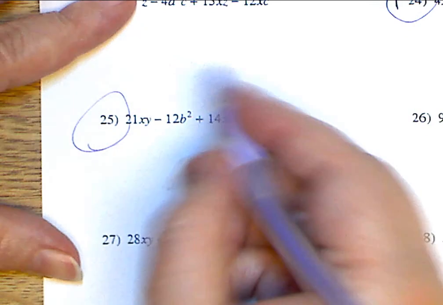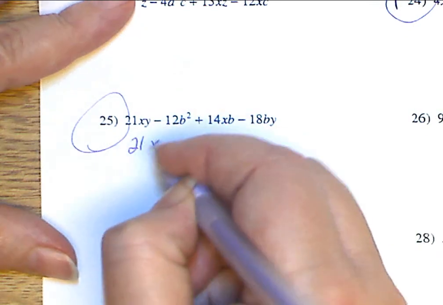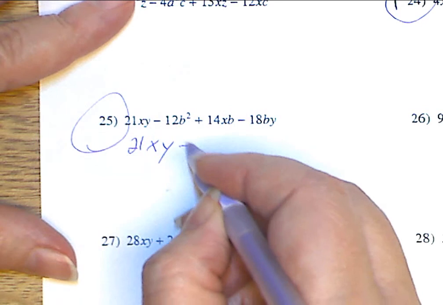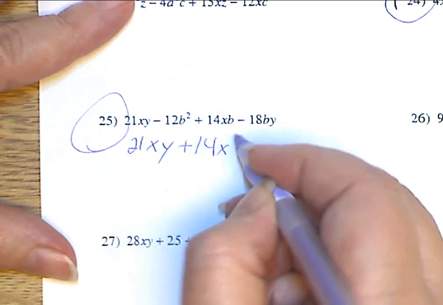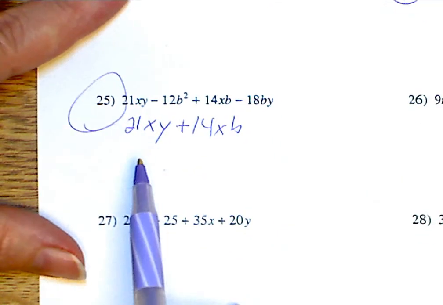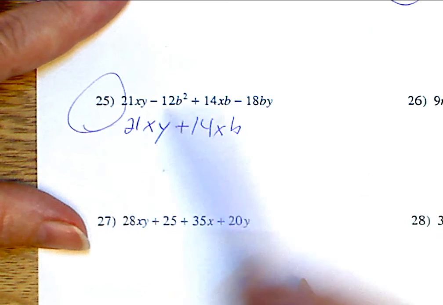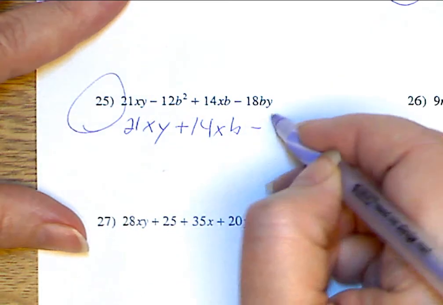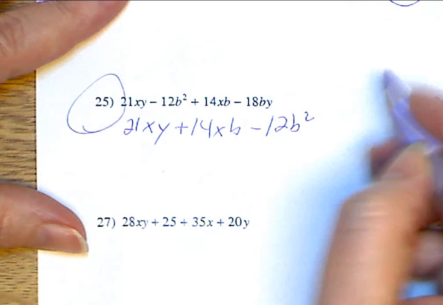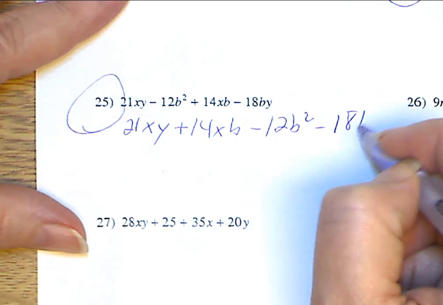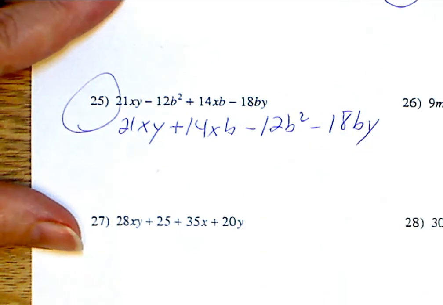So you have 21xy plus 14xb. I'm just rewriting it. And that's why these are going to be extra credit. And then minus my 12b squared, and I'm going to put that with my negative 18by. Now I want you to look at it and make sure you understand why I put it together.